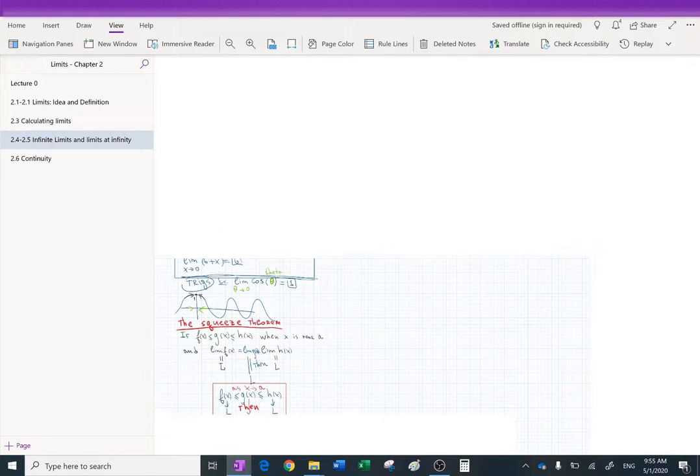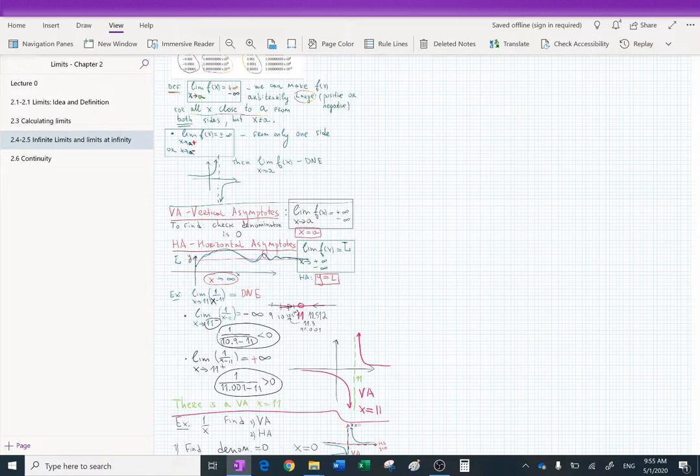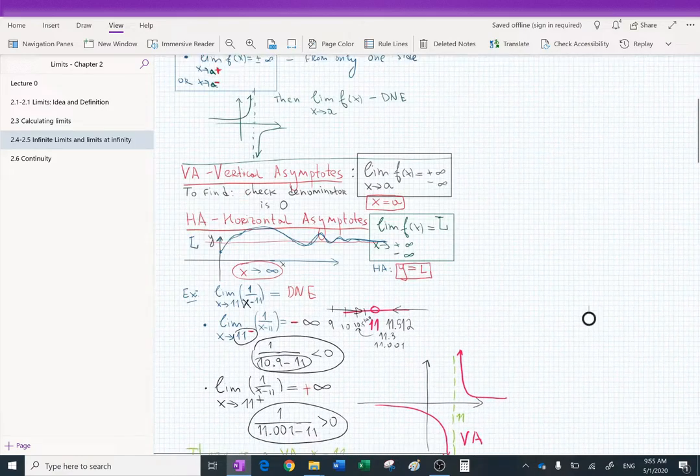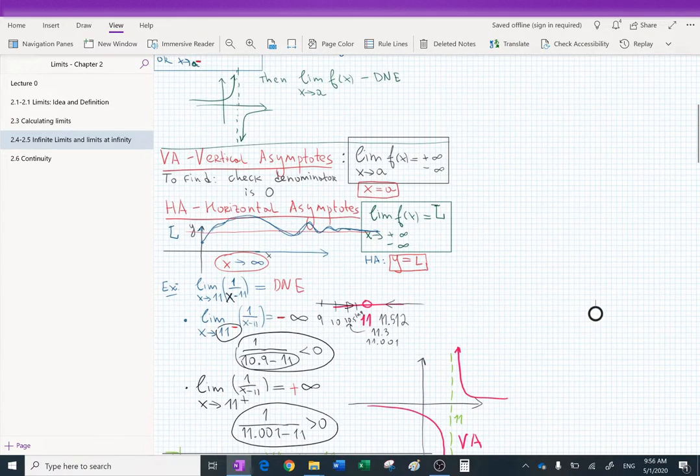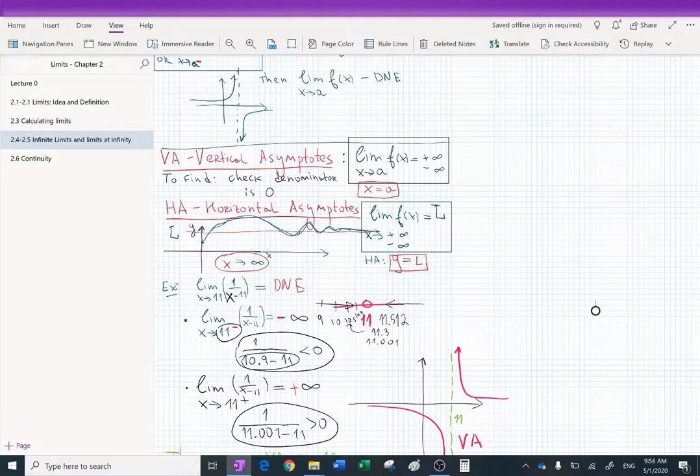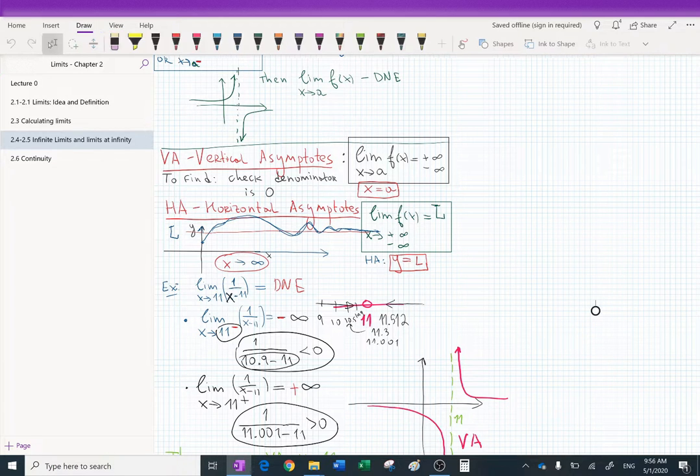Infinite limits and limits at infinity introduced to us vertical asymptotes and horizontal asymptotes, VA and HA. Vertical asymptotes are the ones that usually make the denominator 0, so that's where some kind of DNE thing is happening when x is approaching a typical number a, and f of x is jumping to infinity or minus infinity, up or down.